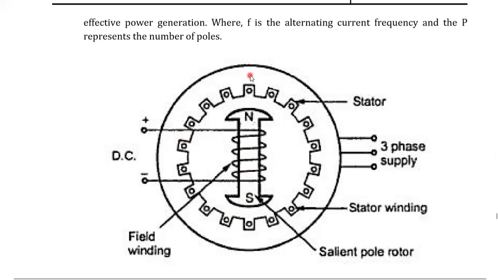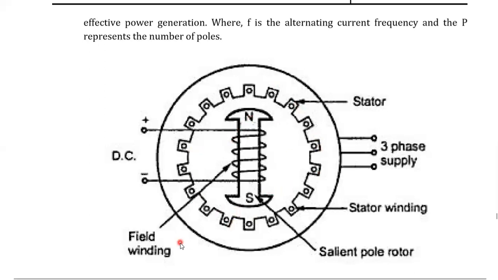The stator rotating magnetic field is rotating in this direction, so the south pole is moving in this direction, and there is an attraction between the north pole and the south pole, so it is also moving in this direction. Like this, there is a magnetic locking between the stator rotating magnetic field and the rotor. Understood? So that's why the stator magnetic field is rotating and the rotor is also rotating. In this way, this machine is operating.